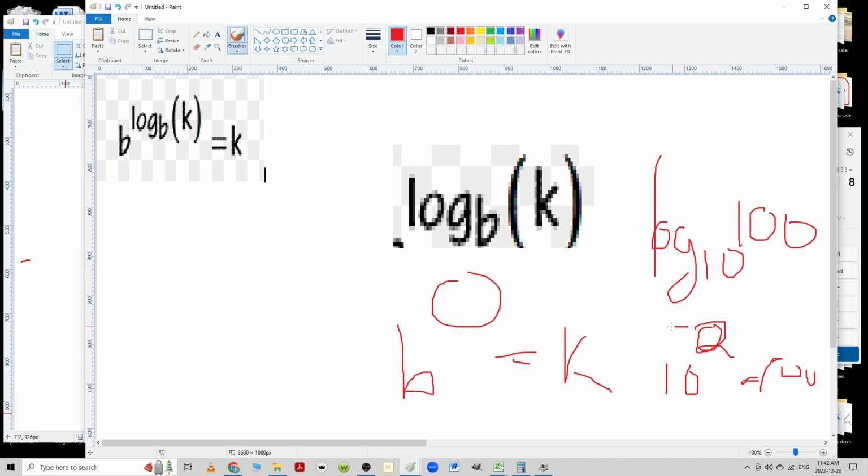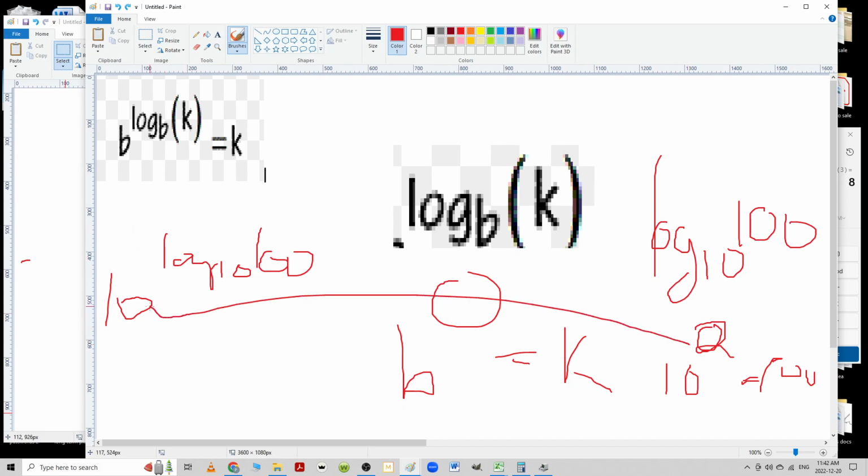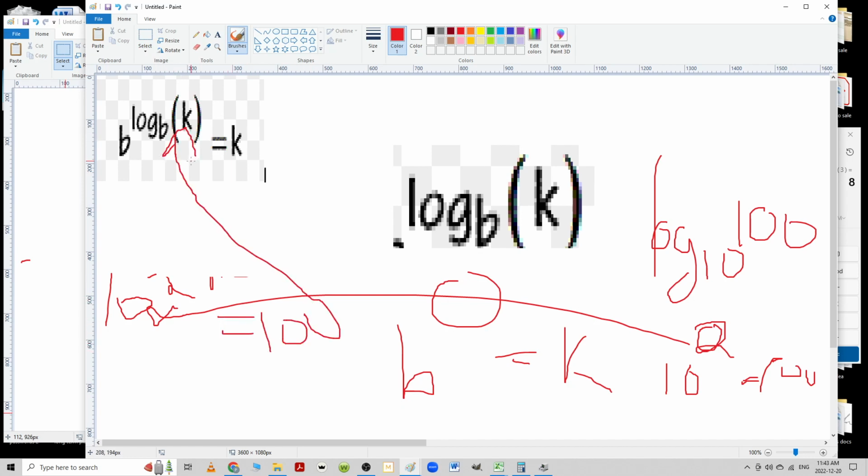If I then turn around and take the result here, which is 2, and put it over that same base as an exponent, I'm simply reversing the process of what I just did. And it's clear I'm going to get whatever the result was that I was searching for in the first place.